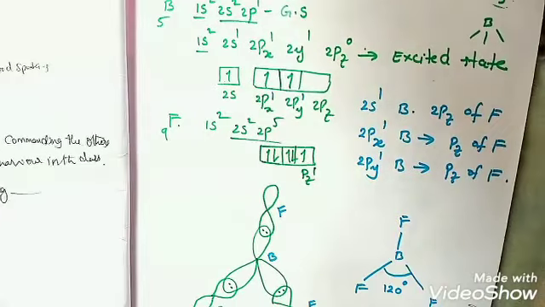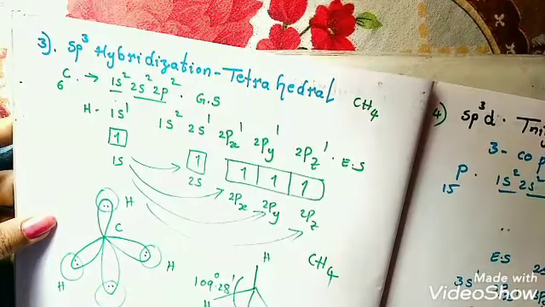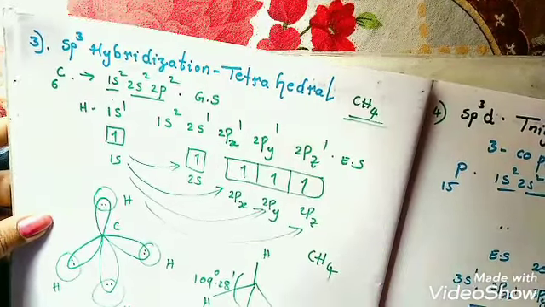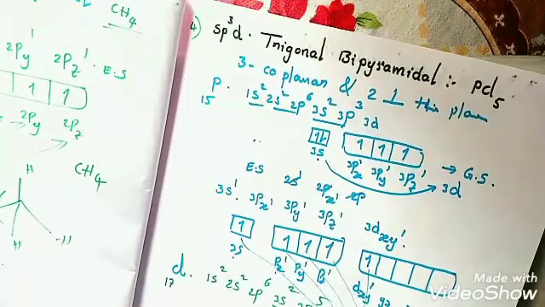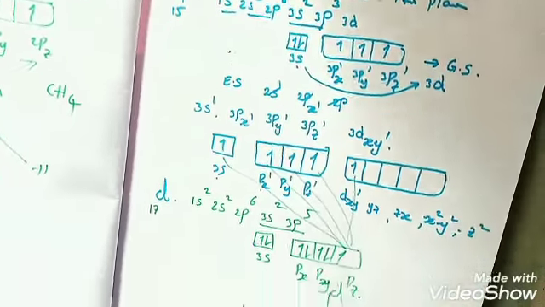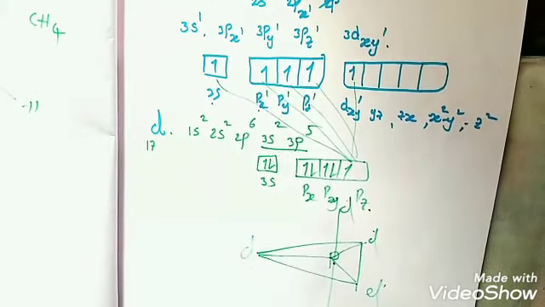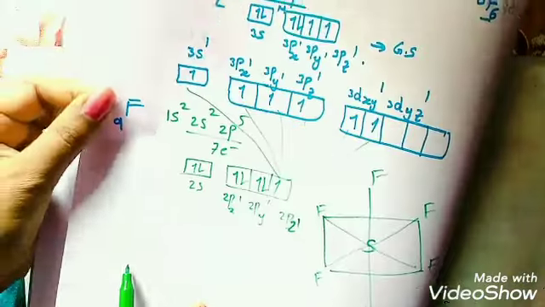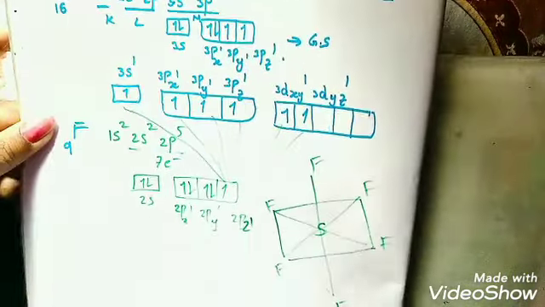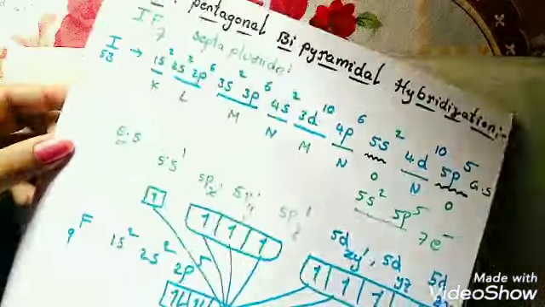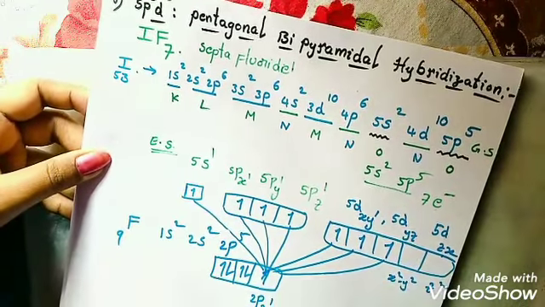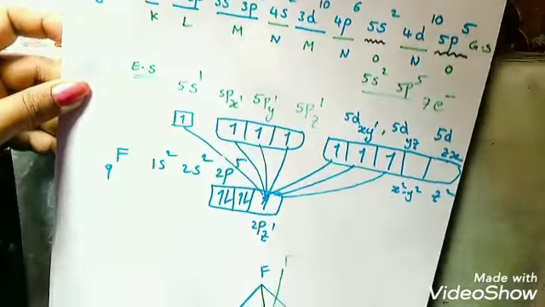Okay, students, and sp3 also called as tetrahedral, for this methane molecule also we saw, and sp3d trigonal bipyramidal, PCl5 the structure also we explained, and students, sp3d2 octahedral, that is the structure, and students, sp3d3 pentagonal bipyramidal, for this iodine IF7 also I explained.